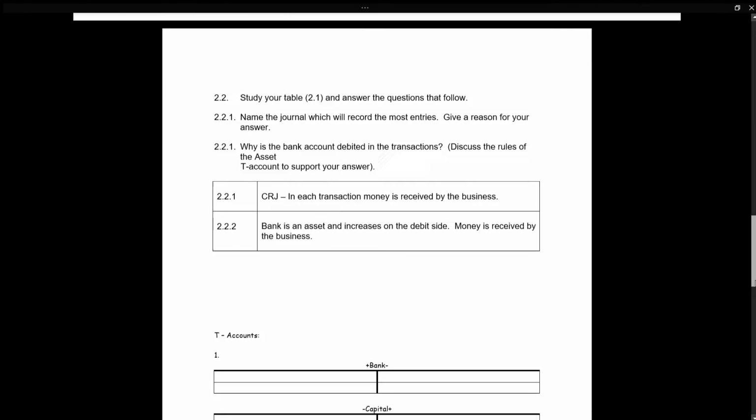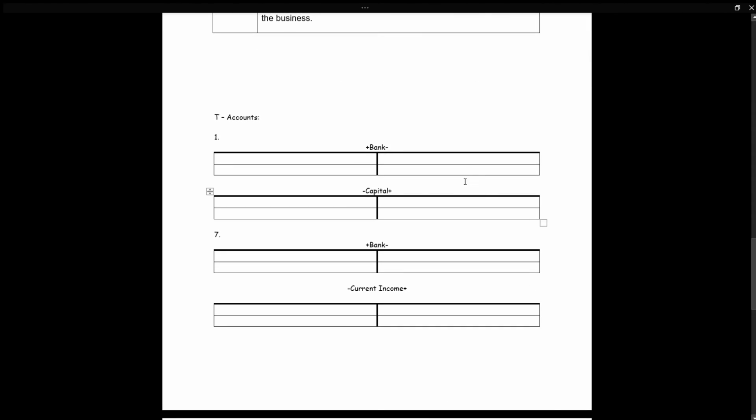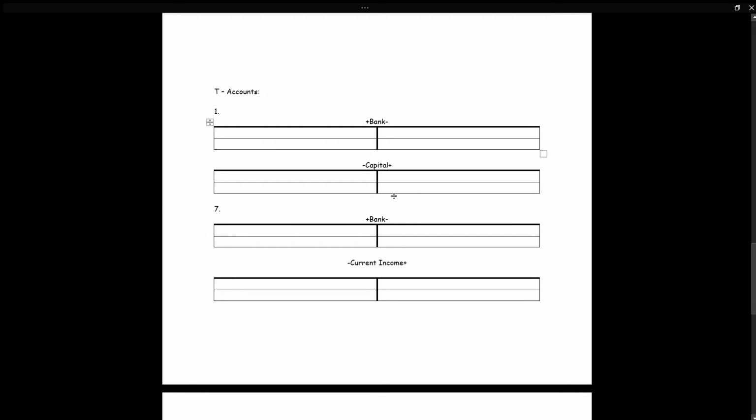Right, let's go and have a look at the T accounts. First of all, you need to decide on the two accounts that we are going to use. So, bank is going to be used and capital when the owner contributes money into the business or assets. The value of that asset or the money that he's contributing will increase his capital contribution, and capital will always have a positive influence on owner's equity.